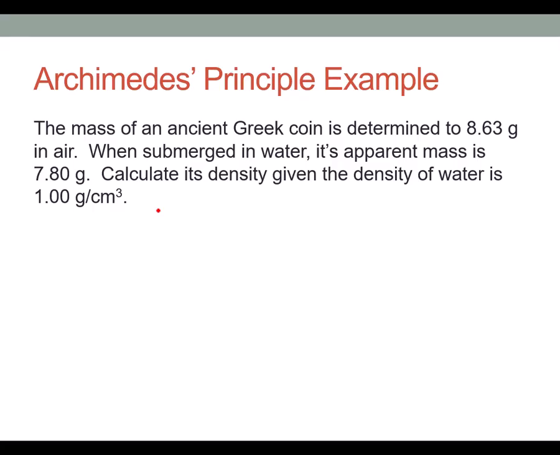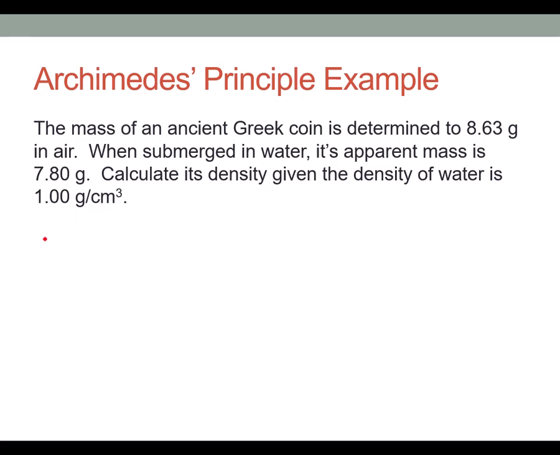The famous story goes that Archimedes was in the bath, one of the public baths they had back then, and had this epiphany about his principle, and then yelled Eureka while running through the streets naked. It wouldn't happen today without him getting arrested, but that's what supposedly happened.